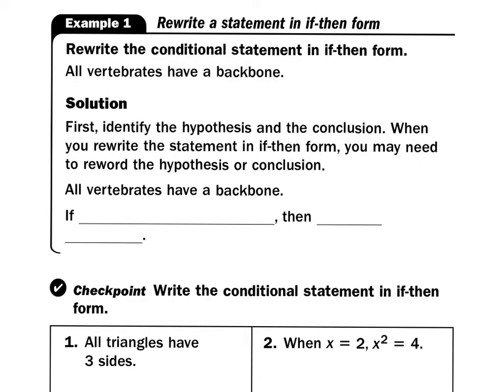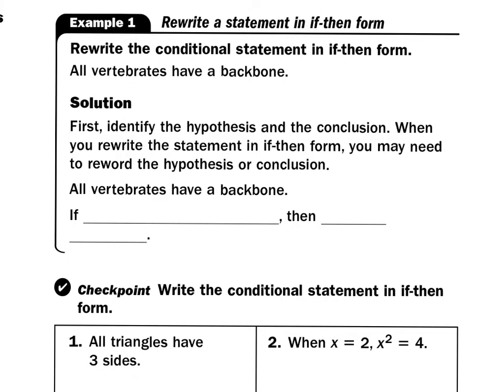Okay, example 1. Rewrite a statement in if-then form. Rewrite the conditional statement in if-then form. All vertebrates have a backbone. First, identify the hypothesis and the conclusion. When you rewrite the statement in if-then form, you may need to reword it so it makes a little sense. So, what's our hypothesis? Okay, the first part would be our hypothesis, all vertebrates. And the second part has to have something about backbones.